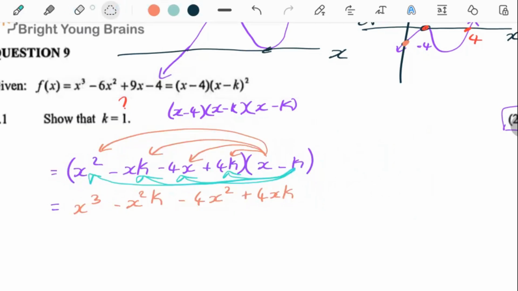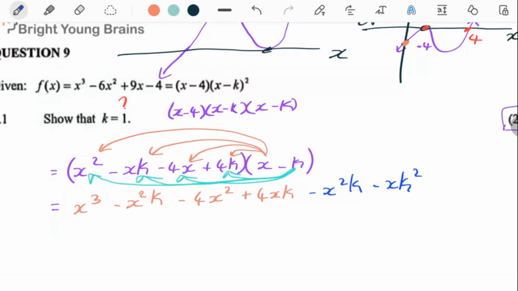So here, we maybe use a darker blue. -k times x squared is going to give us -x squared k. And here we're going to get -xk squared.